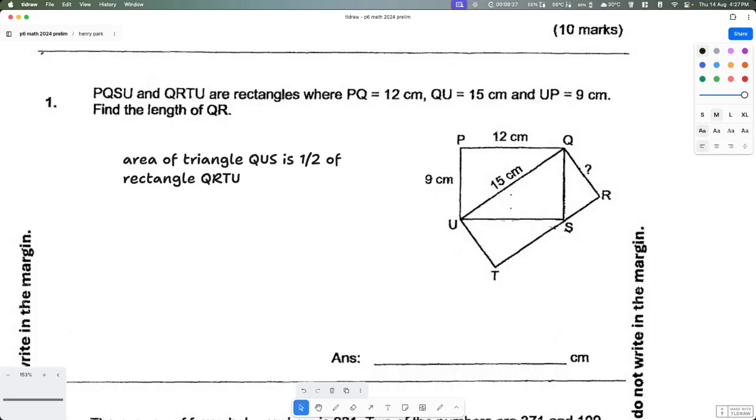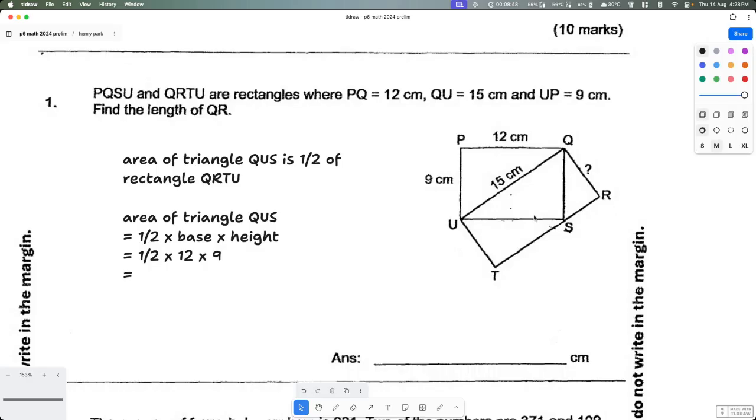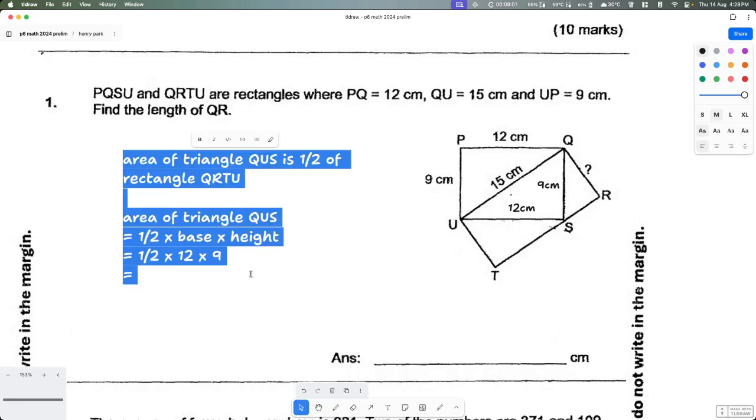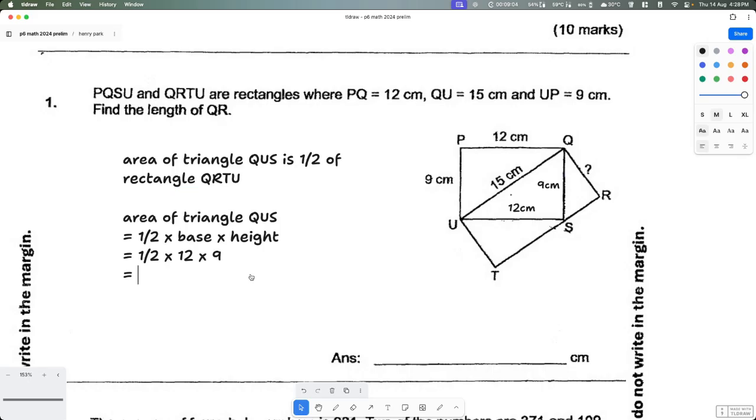So in this case, let's get the area of triangle QUS, which is equal to half times base times height. Half times base, in this case, is 12, and times height is 9. So I'm going to put 12 centimeters like this, and 9 centimeters here as well. From here, let's use the calculator.